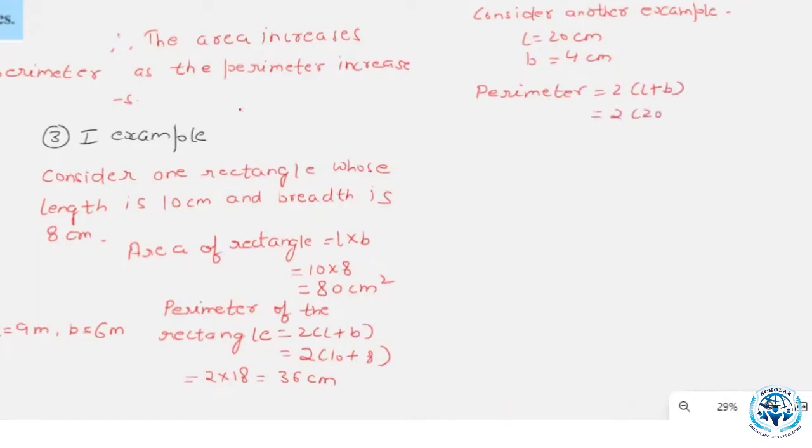The perimeter is 20 plus 4 into 2 is equal to 48 centimeter. Now let's find out the area. Area is length into breadth, that means 20 into 4 is equal to 80 centimeter square.